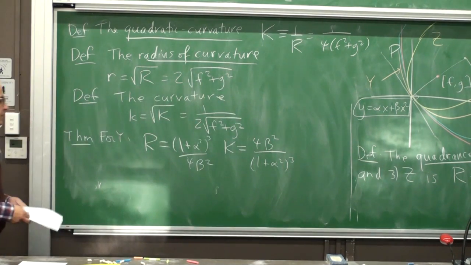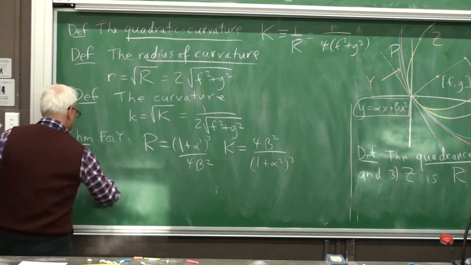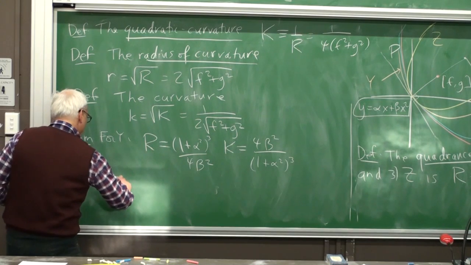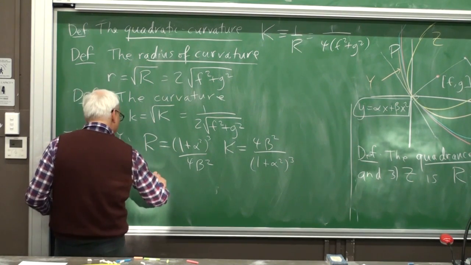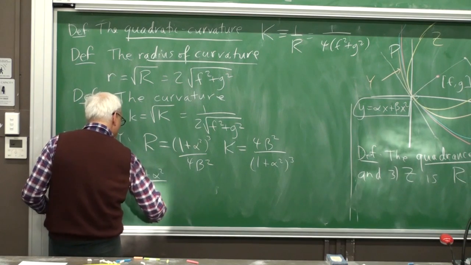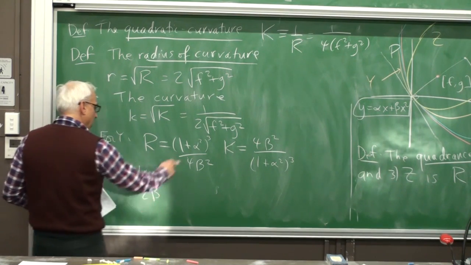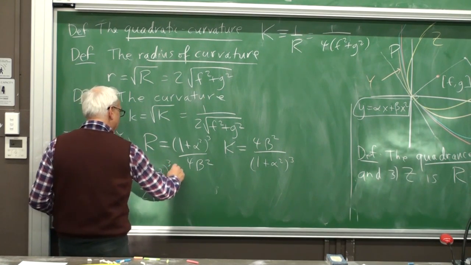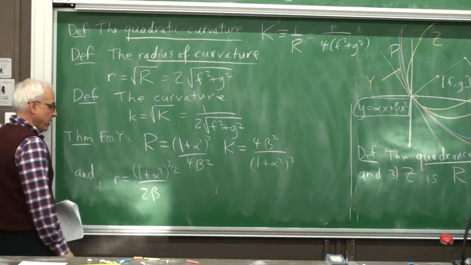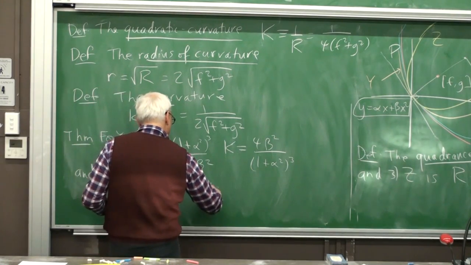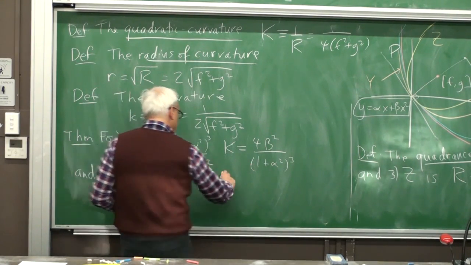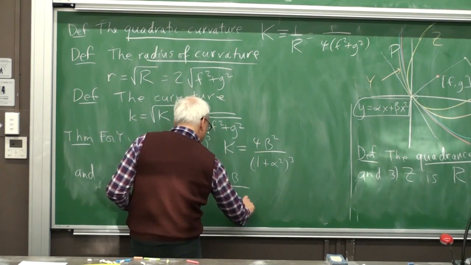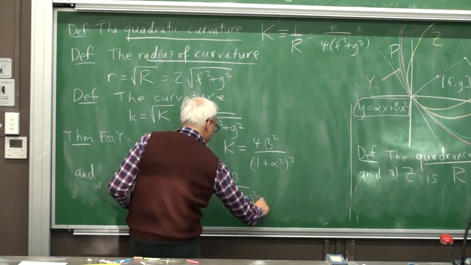And the radius and the curvature are the obvious square roots. So little r will be the square root, 1 plus alpha squared over 2 beta. But we have to take a square root of this thing, so it'll actually be 1 plus alpha squared to the 3 halves, because there's a cube power there. And similarly, the curvature k will be, take the square root of this. So there'll be a 2 beta up on top and a 1 plus alpha squared to the 3 halves on the bottom.